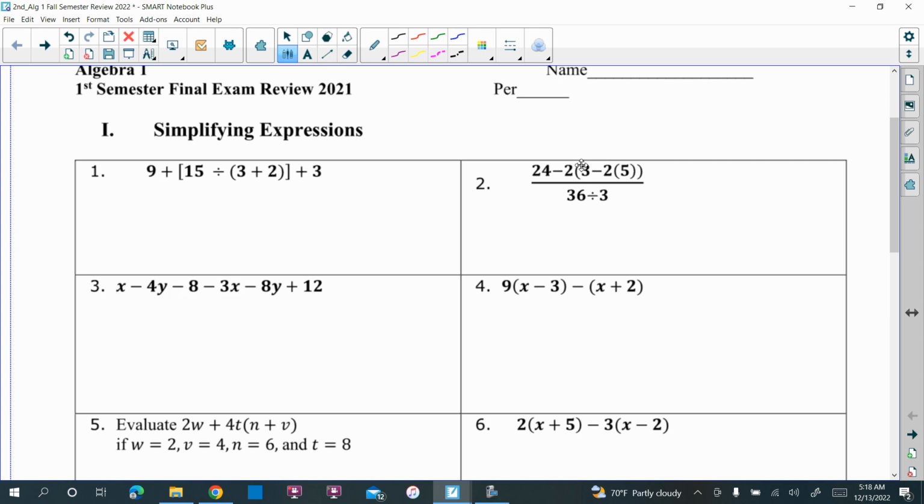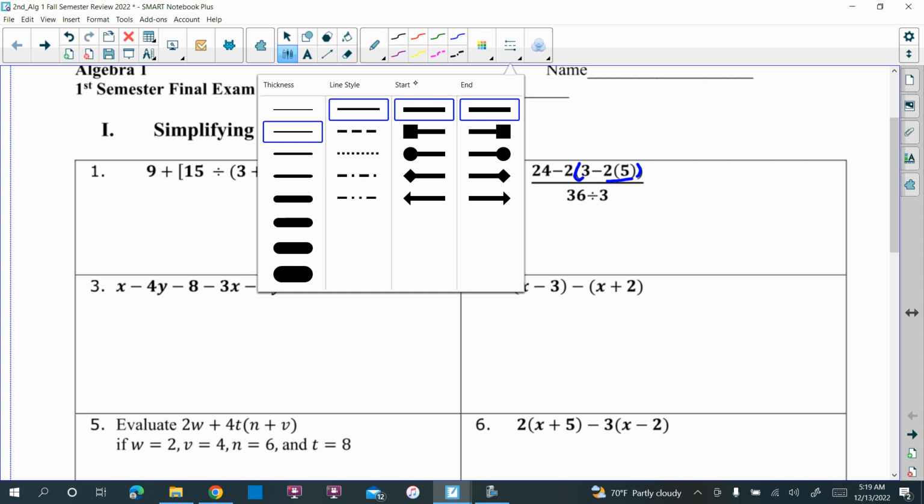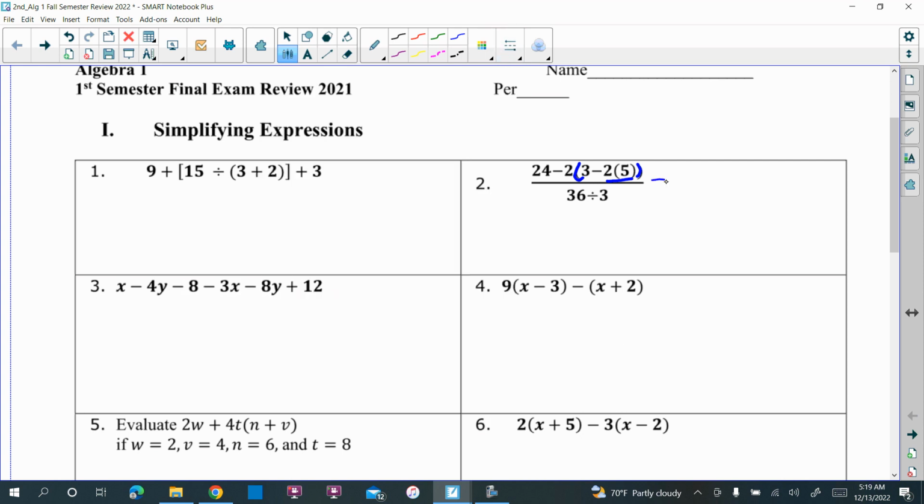What we have to do is inside these parentheses first, and inside these parentheses we have multiplication. So we're going to rewrite this. On top, 24 minus 2 parentheses, and then inside the parentheses we're going to have 3 minus 10, because 2 times 5 is 10, okay?